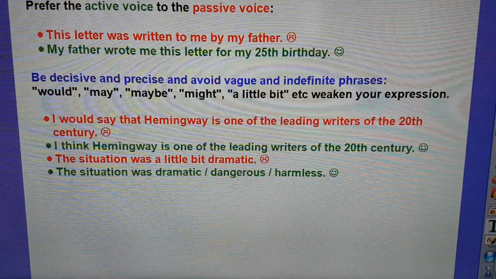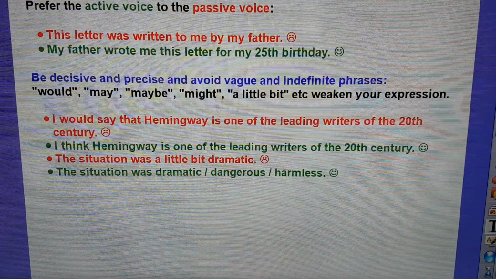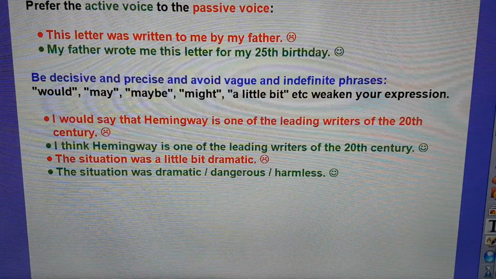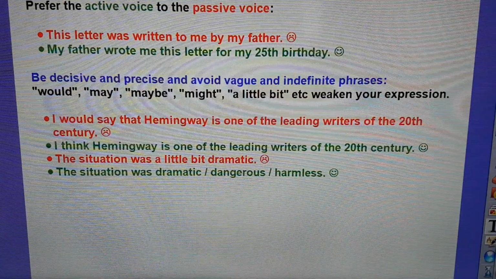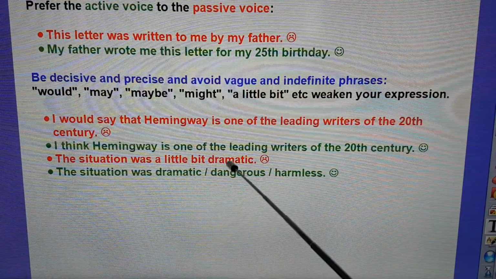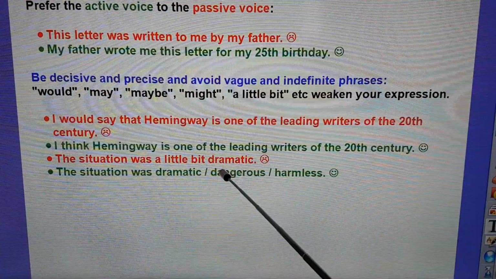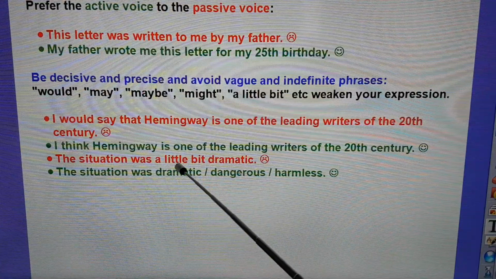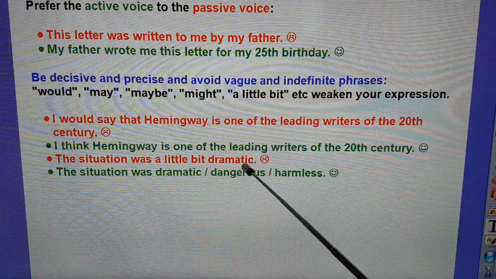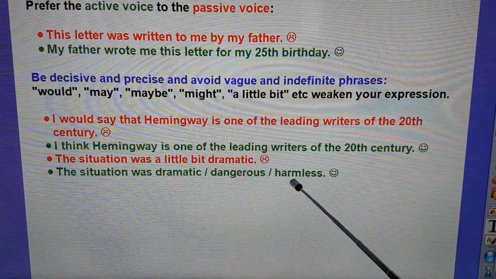The situation was a little bit dramatic. A little bit dramatic? How's that? A little bit pregnant? How's that? Well, either it was dramatic or it wasn't dramatic. If it was dramatic, then it was dramatic, but it wasn't a little bit dramatic. If it was not dramatic, well, then it was harmless.